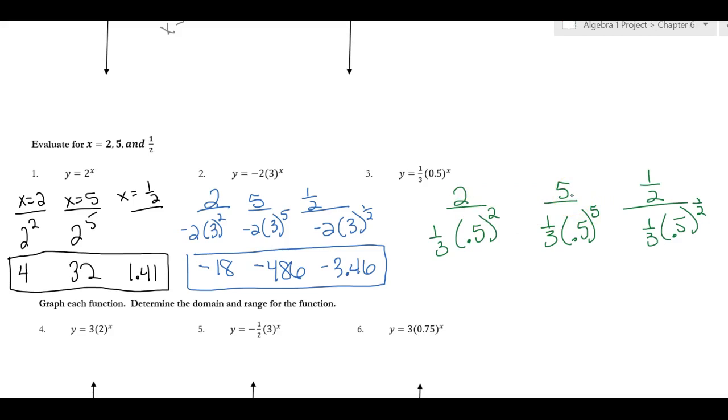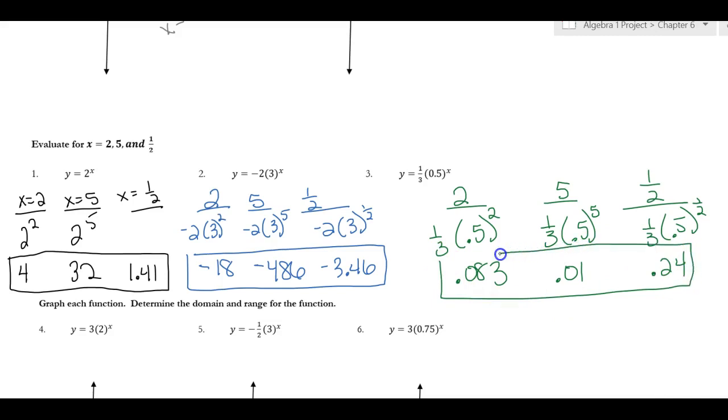Okay, so let's see, 1 divided by 3 times 0.5 squared. This is 0.083. 1 divided by 3 times 0.5 to the 5th is 0.01, and then 1 divided by 3 times 0.5 to the power of 1/2 is 0.24.